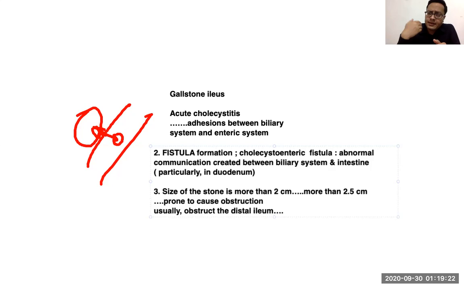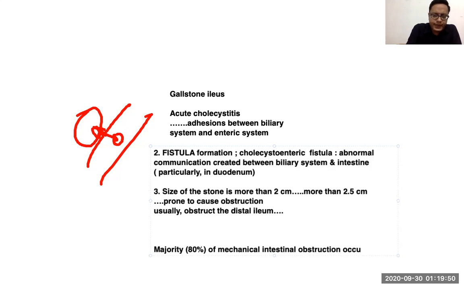This is another concept that you should keep in mind: 80% of mechanical intestinal obstruction occurs in the small intestine.